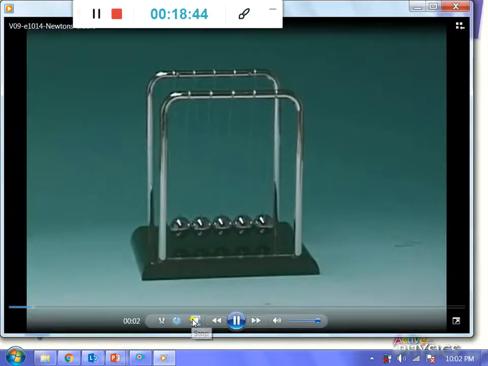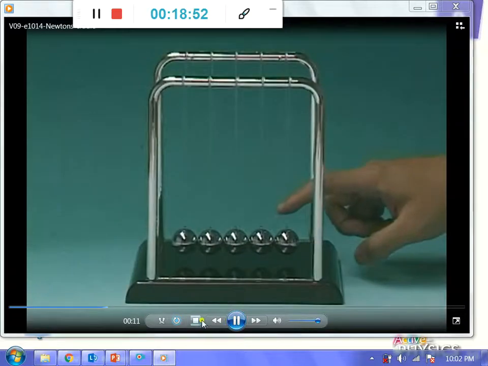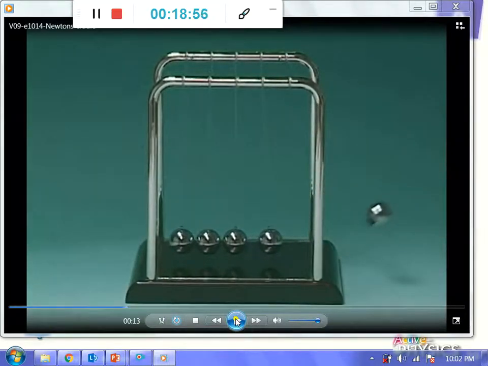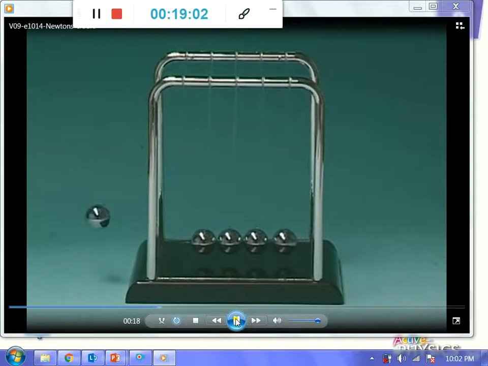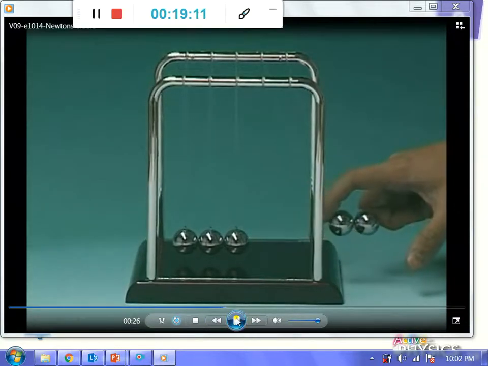This is a Newton's cradle. Okay, what can you see? Can you see that one in, one out? Now, repeat by releasing 2.